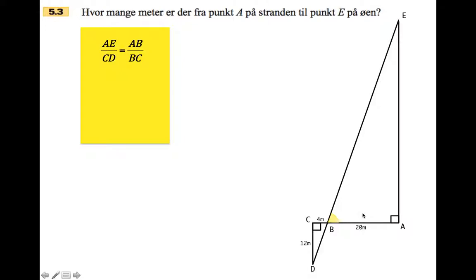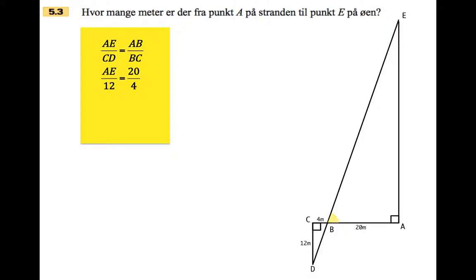So I'm saying AE, the one that we want to know, divided by CD, the one that's like it in the other triangle, is going to be the same as AB, that's the 20 in the big triangle, divided by BC, that's the 4 in the little triangle.